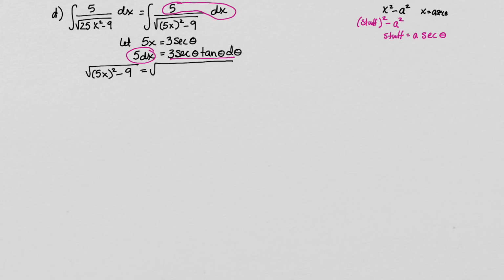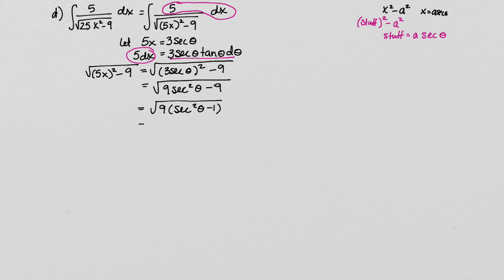Okay, so remember 5x is the same as 3 secant theta, so this is going to be 3 secant theta squared minus 9. And 3 secant theta squared is 9 secant squared theta minus 9. Factor out the 9: 9 times secant squared theta minus 1. Secant squared theta minus 1 is tangent squared theta.